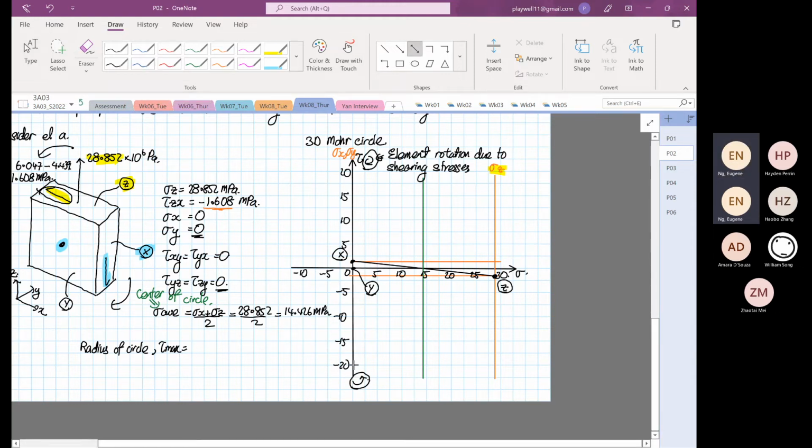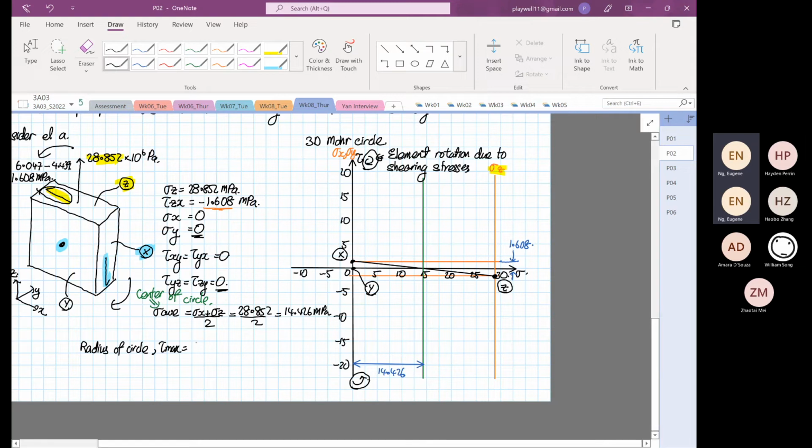We know this distance over here, right? So this distance we knew is 14.426, right? And then the distance from here to here is 1.608. Okay, so it's just simple math.